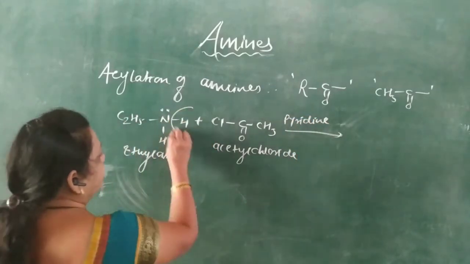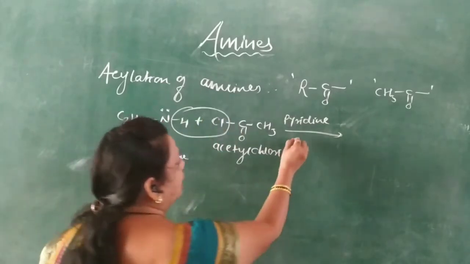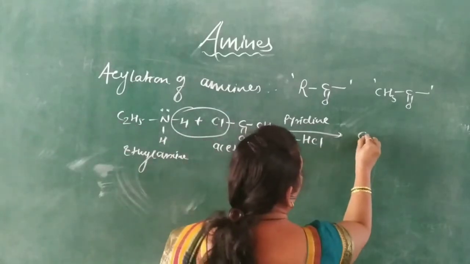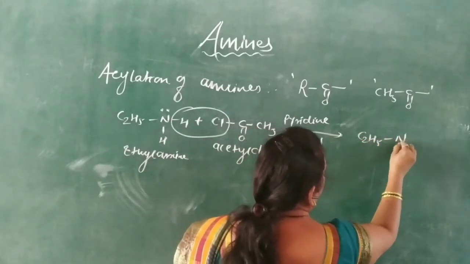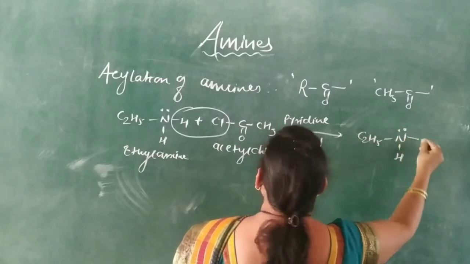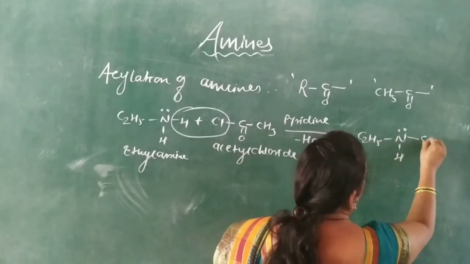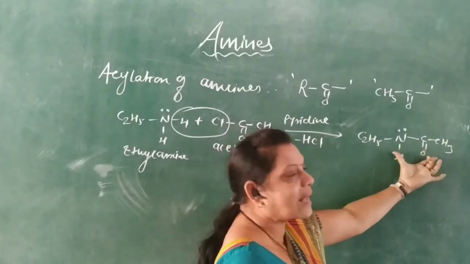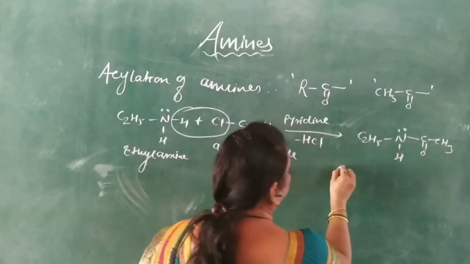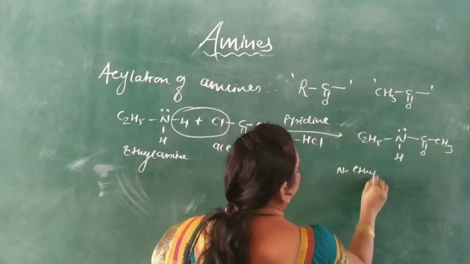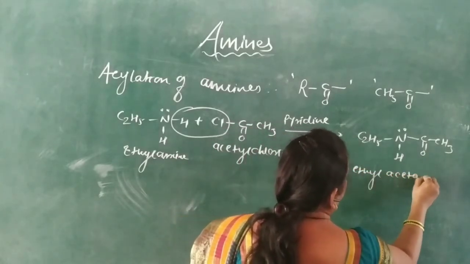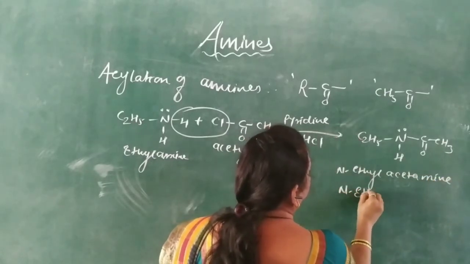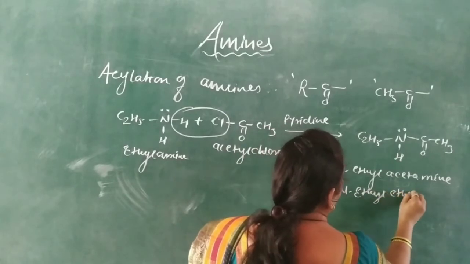Now H combines with Cl, so minus HCl, and we form C2H5, N, H and C double bond O CH3. So this is N-ethyl acetamide, also called N-ethyl ethanamide.